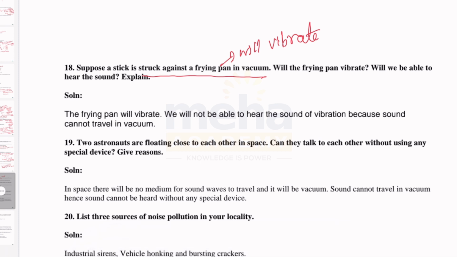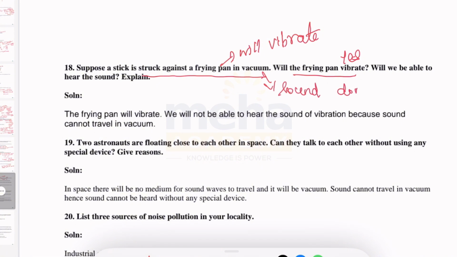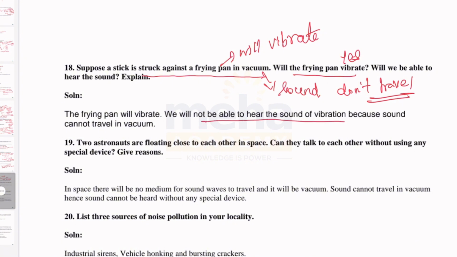But will we be able to hear the sound? No, because it is a vacuum. Sound needs a medium. The vibrations that produce the sound cannot travel because it is a vacuum. So we will not be able to hear the sound, because sound cannot travel in vacuum.